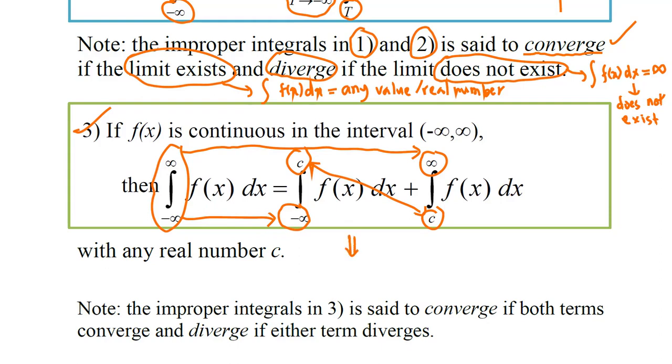Then you check whether each limit is finite or not. If it is finite, we say that the limit is convergent.